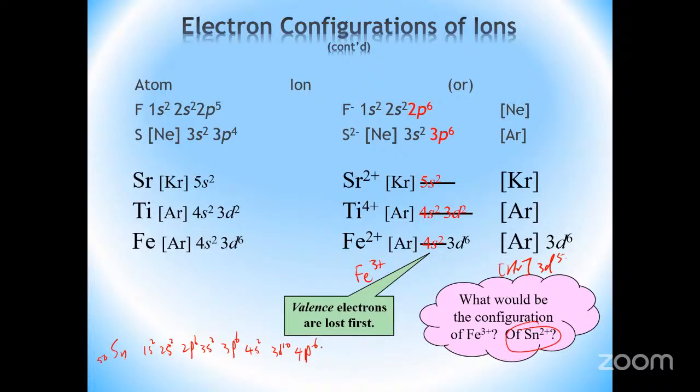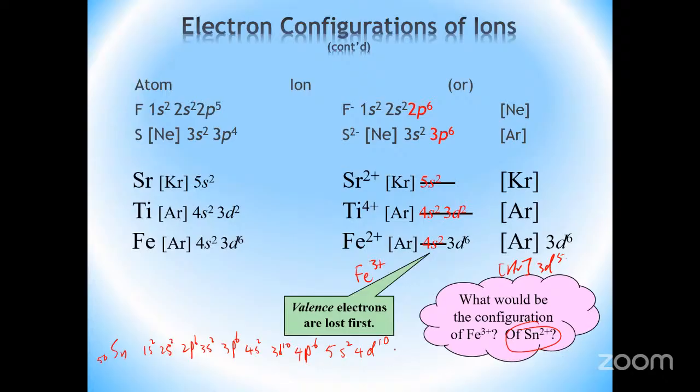Oh, okay, 5s. Yeah, that's the number, right? So 5s will have 2. So far we have 38. So what comes after 5s? 4d? Yeah. Okay, so 4d gives you 10 right here.